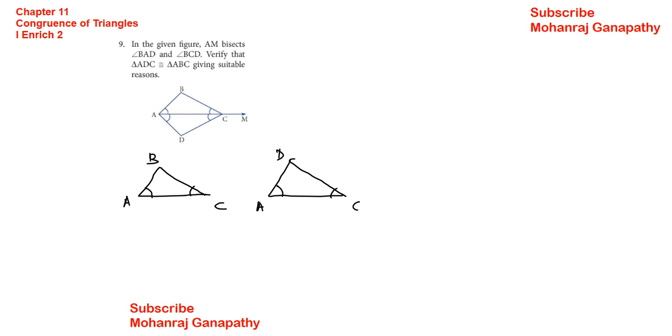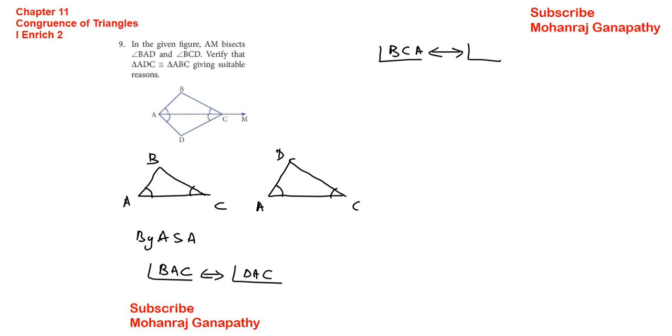Verify the triangle ADC, by angle side angle, that is angle BAC corresponds to angle DAC, angle BCA corresponds to angle DCA, side AC corresponds to AC.